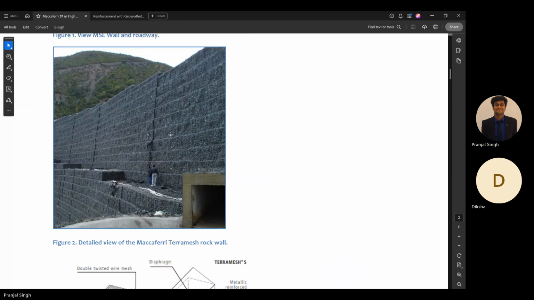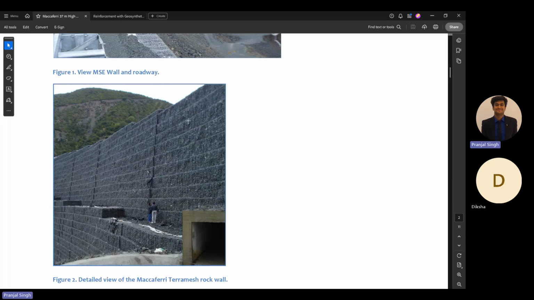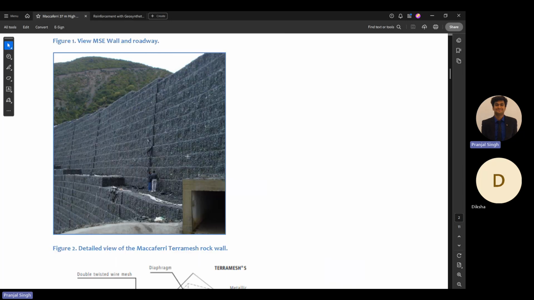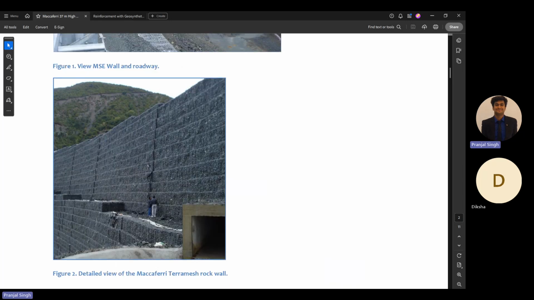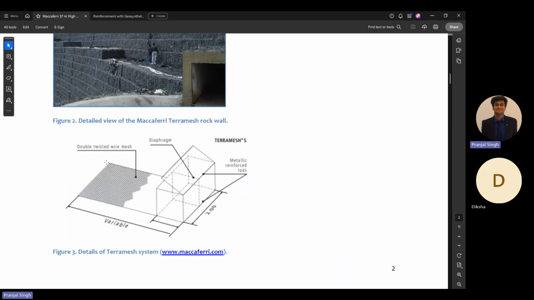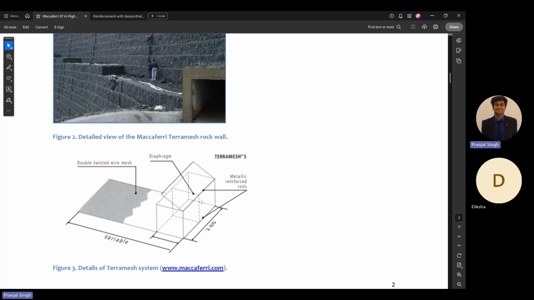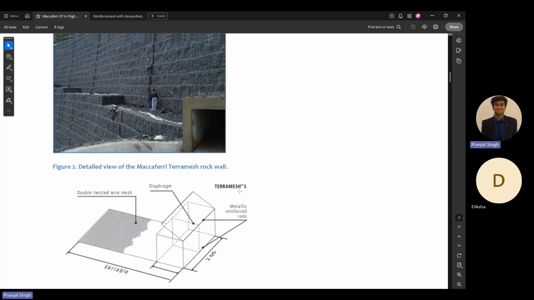These are the gabions, rock-filled gabions, and this is a twisted wire mesh which is installed with these gabions. This is only to support the gabions. It is called Terra Mesh, and it is a proprietary system of the company McAfee.